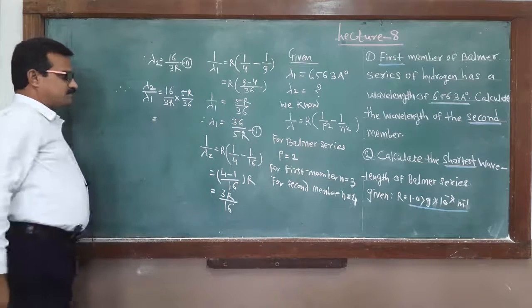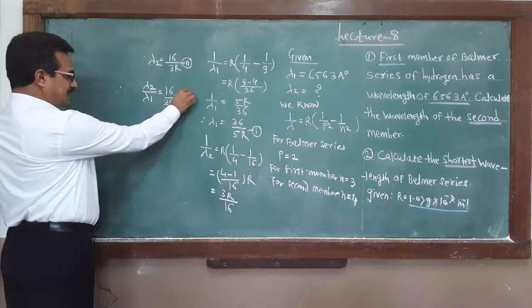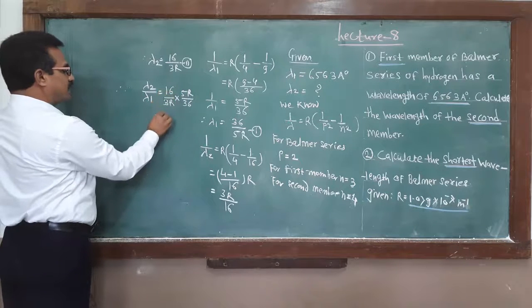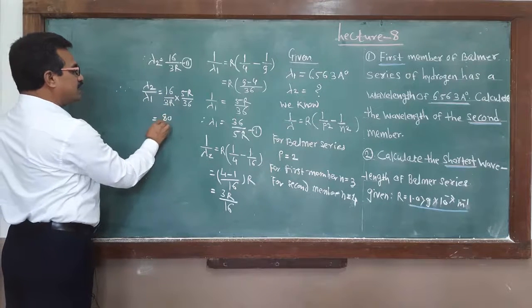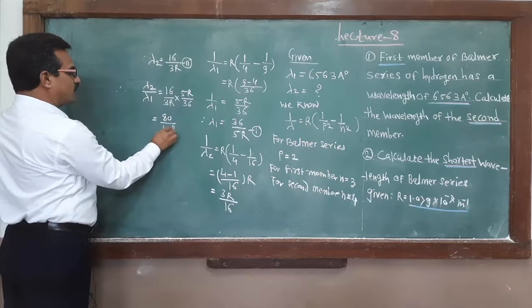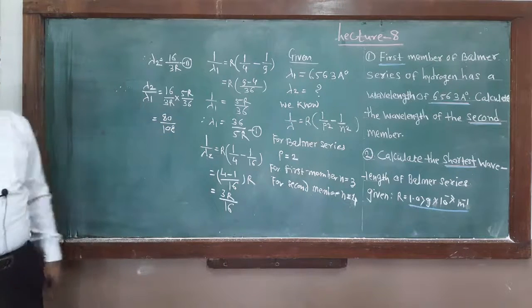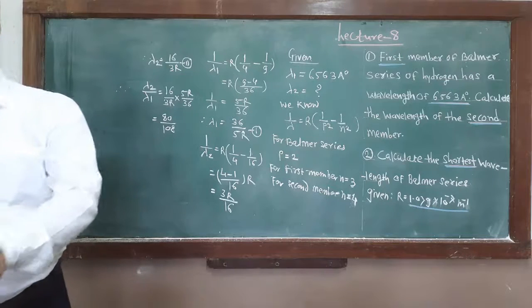R gets cancelled. 16 multiplied by 5 is 80, and here is 108. 80 divided by 108. This is actually the value.